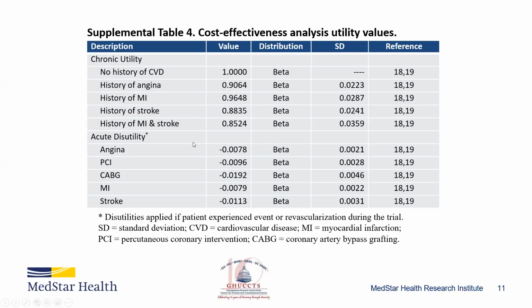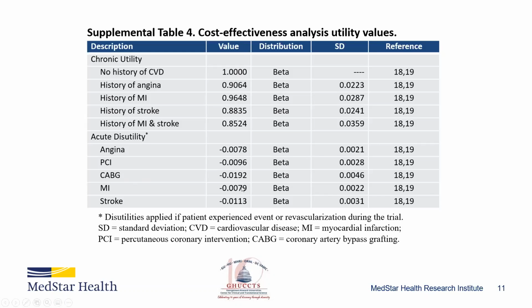And then we have what's called disutility. Disutilities are applied if a patient actually experiences an event, or in this case, a revascularization, a bypass, or a PCI, percutaneous coronary intervention. Depending on whether or not this occurs during the trial, they have a subtraction of this value.